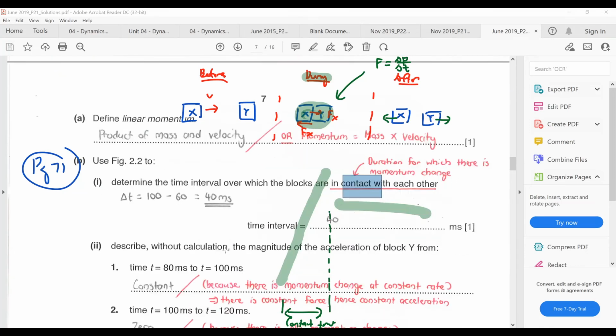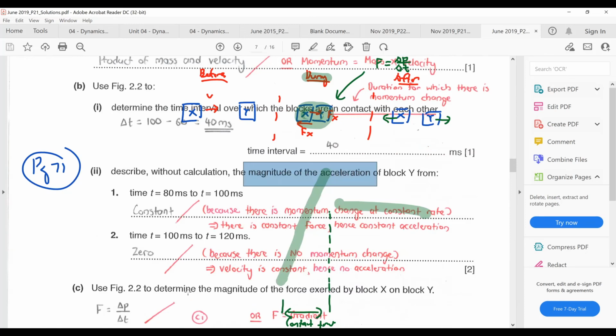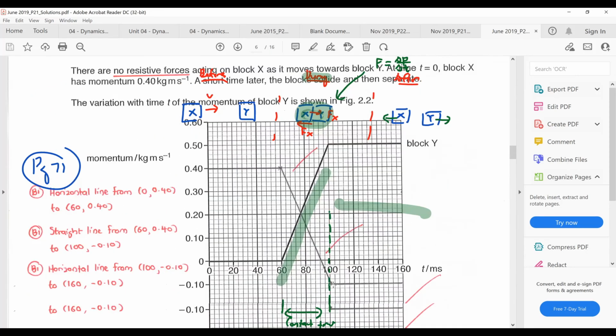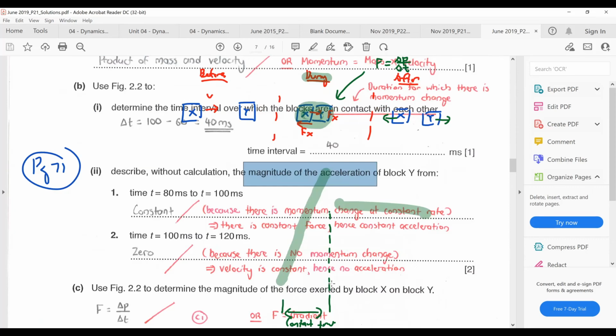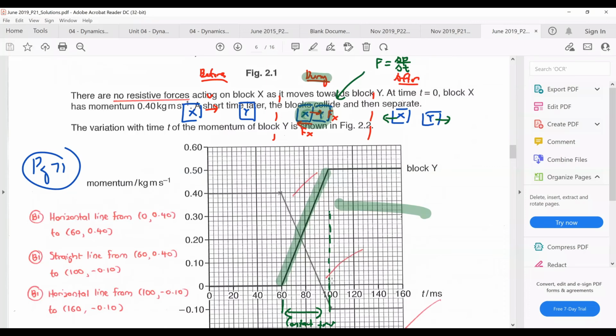All right. And then describe without calculation the magnitude of the acceleration of the block from 80 to 100 milliseconds and from 100 to 120 milliseconds. So what they ask you to do right now is to look at 80 to 100, and then 100 to 120.